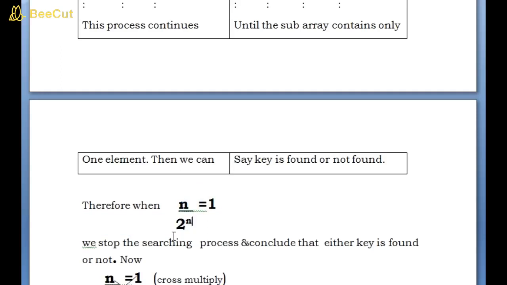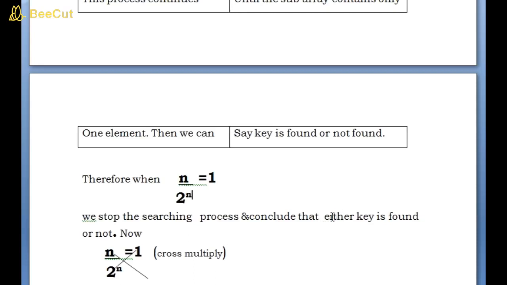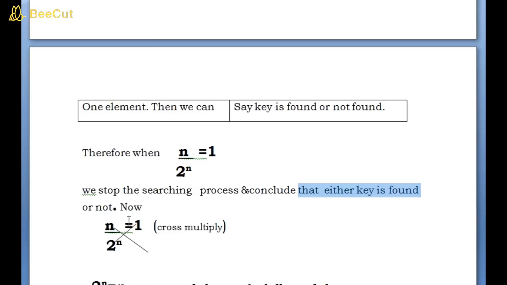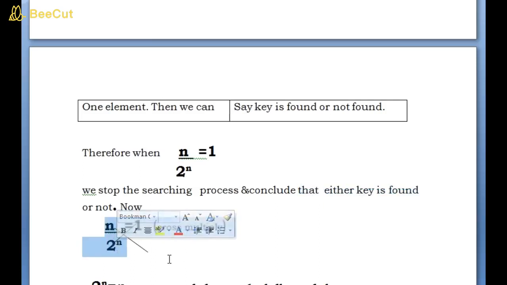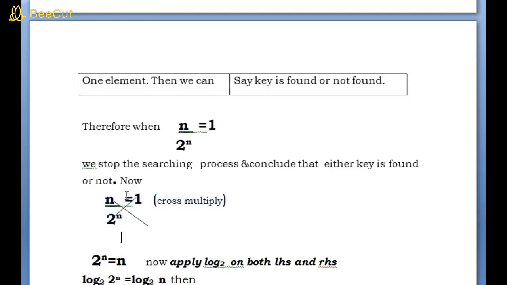Then we stop the process, and we conclude that the key is found or not found. So now cross multiply n by 2 power n equal to 1, then you will get 2 power n equal to n. You can write n equal to 2 power n also, but for meaning I have written 2 power n equal to n.